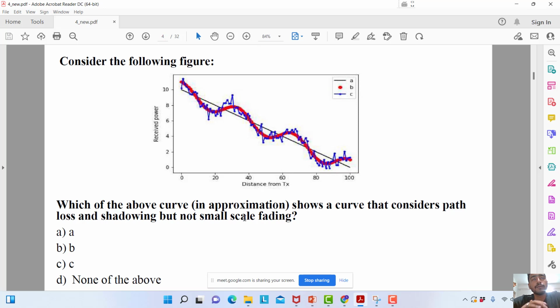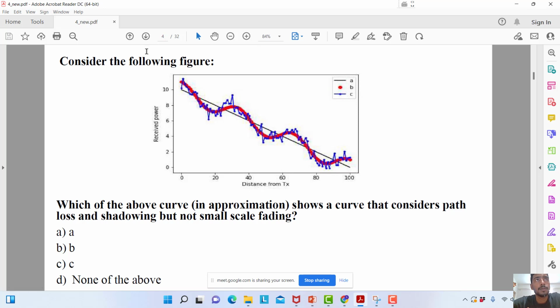Here the red curve shows the nature of path loss and shadowing both. So option B is the right answer.